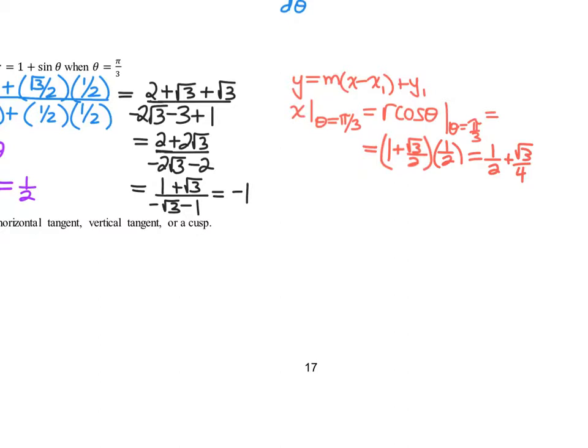All right. So then r sine theta would be the other part. You need the y value. Pi over 3, can't just change the angle.